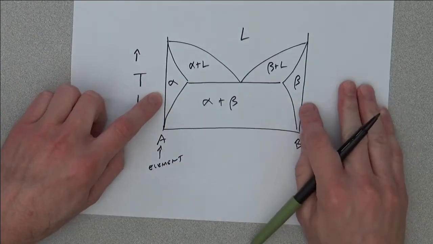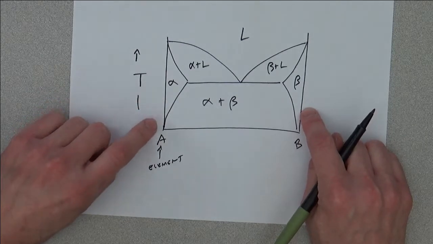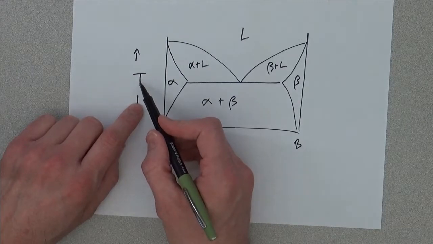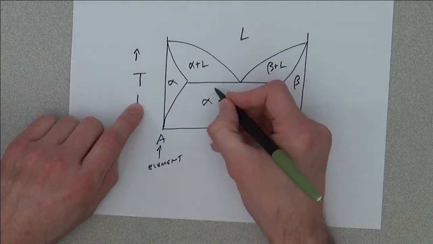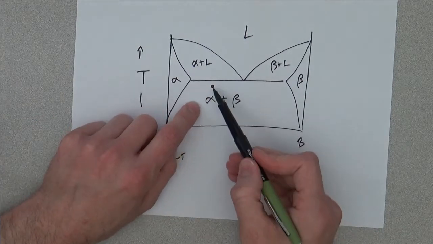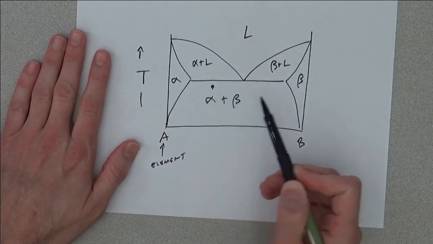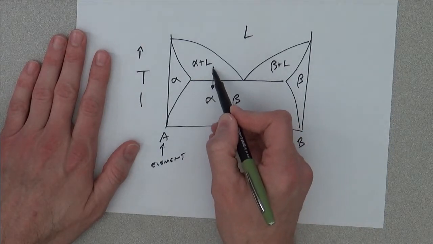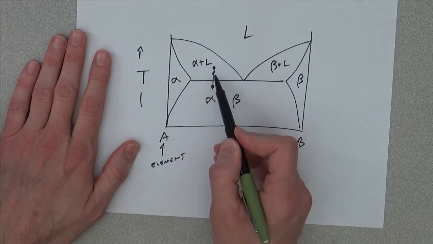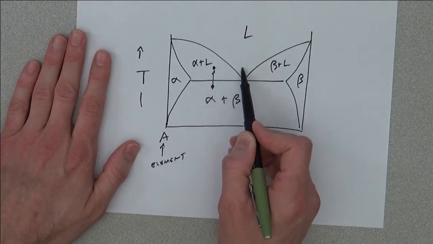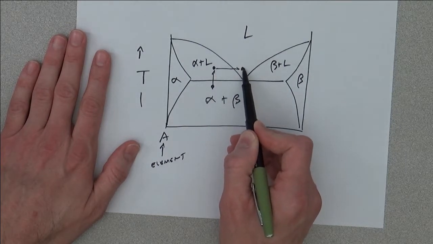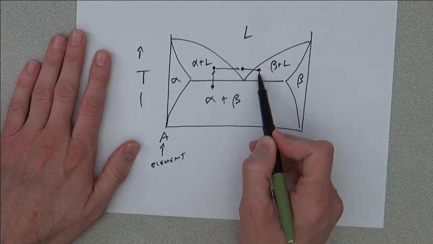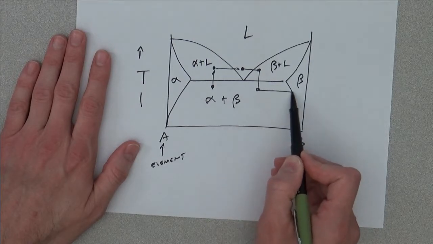So reading from this phase diagram, what you should see is at any given temperature, for example, here, you can say what phases are present. Well, it's alpha plus beta. If I change the temperature, say up to here, now it's alpha plus liquid. If I change the composition, say over here, now it's just liquid. Beta plus liquid. Alpha plus beta. Beta.